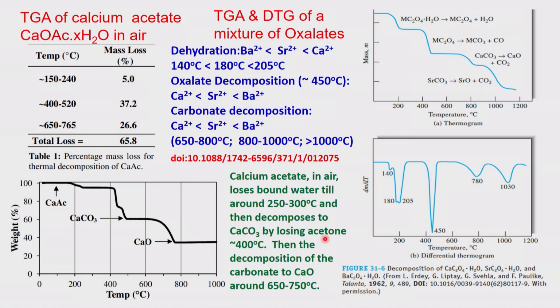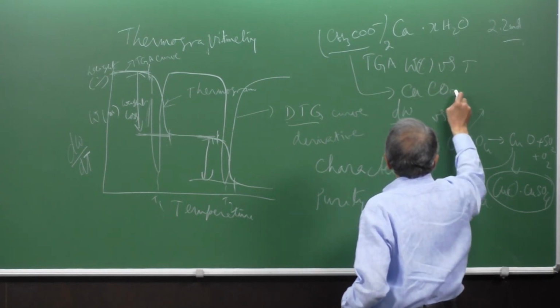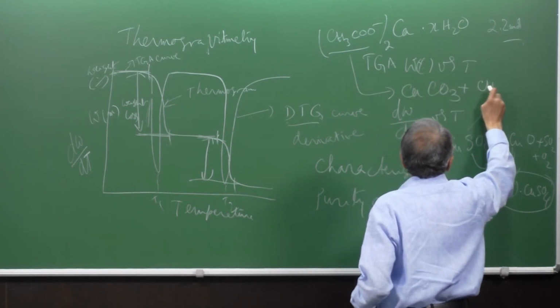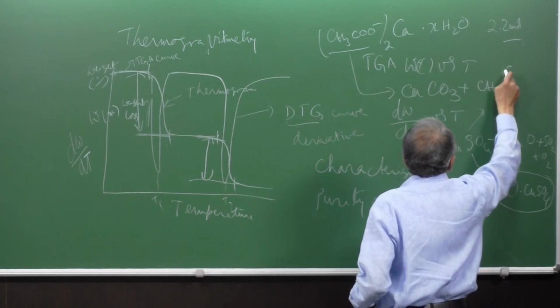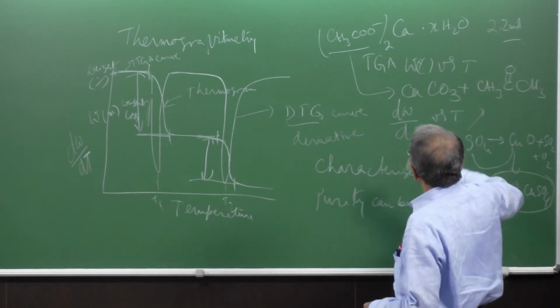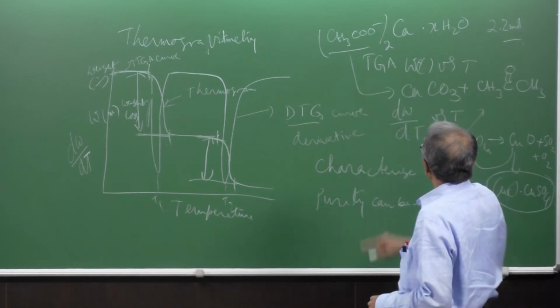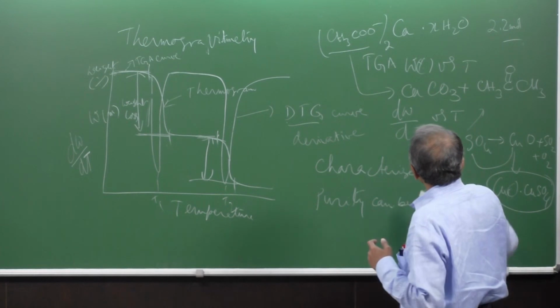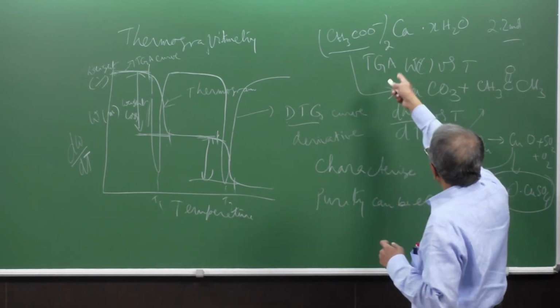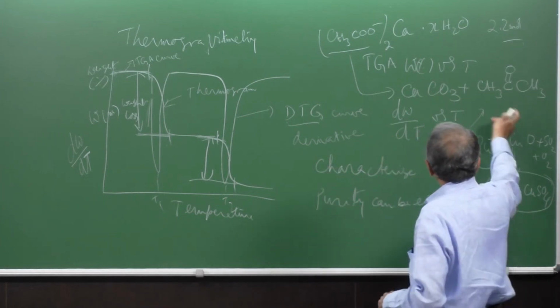So, from acetate you will get carbonate. So, this will give you calcium carbonate plus acetone, okay, because oxygen is available from the air. So, therefore, you have CH3COO minus, 2 of the molecules of that, and that will favor the reaction in this direction. You can see that.